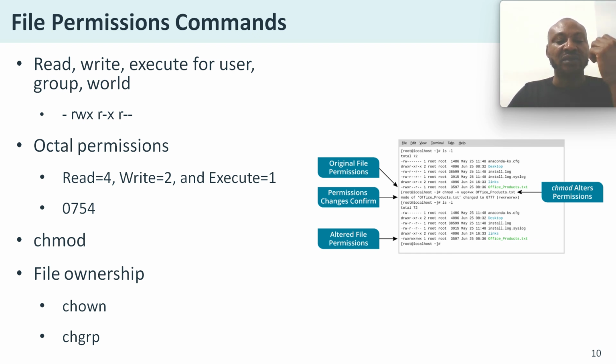Okay, good. So finally, here we have file ownership. File ownership is how you can change the ownership of the file. For instance, if a user creates a file called Excel file and saves it, and I need to claim ownership of that file, all I have to do is change the ownership by using this command.